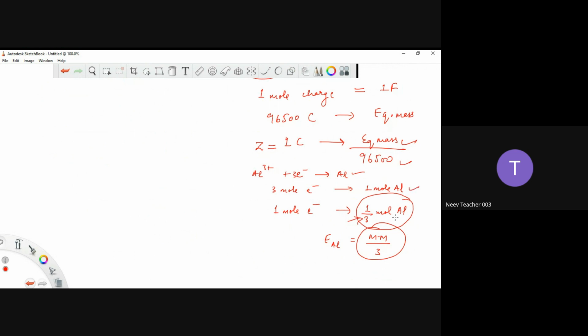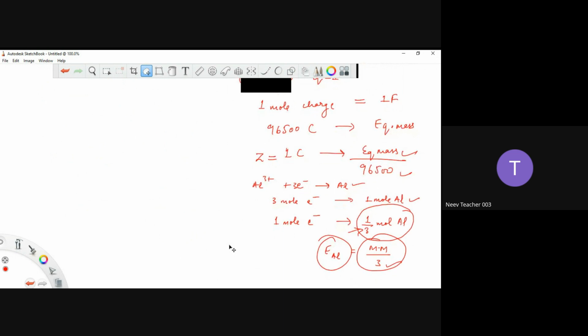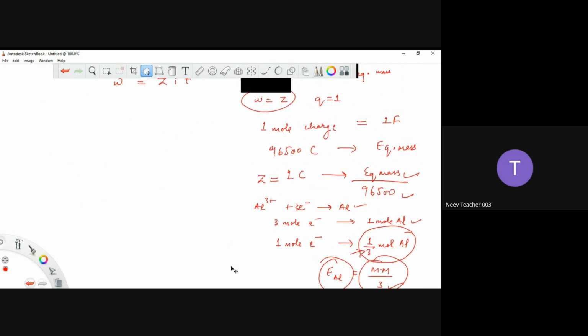1 mole of aluminum is the molecular mass, and the 3 is basically the n factor. When we write molecular mass by n factor, that comes out as the equivalent weight. So Z is basically the equivalent weight of the compound divided by 96500 for one charge.